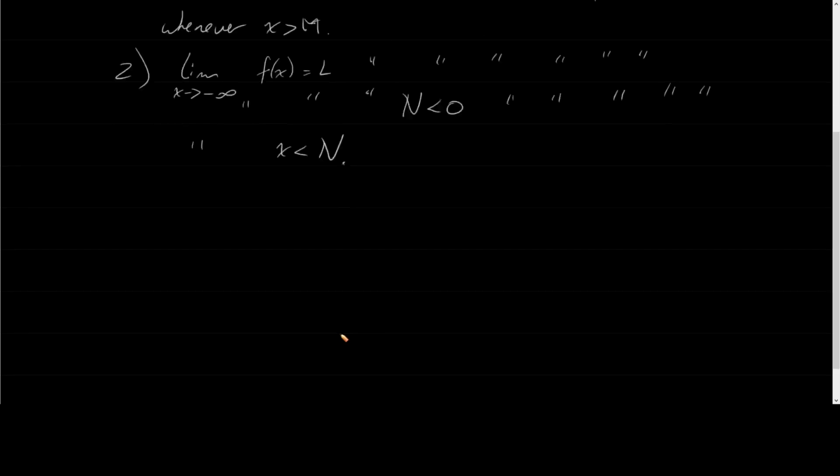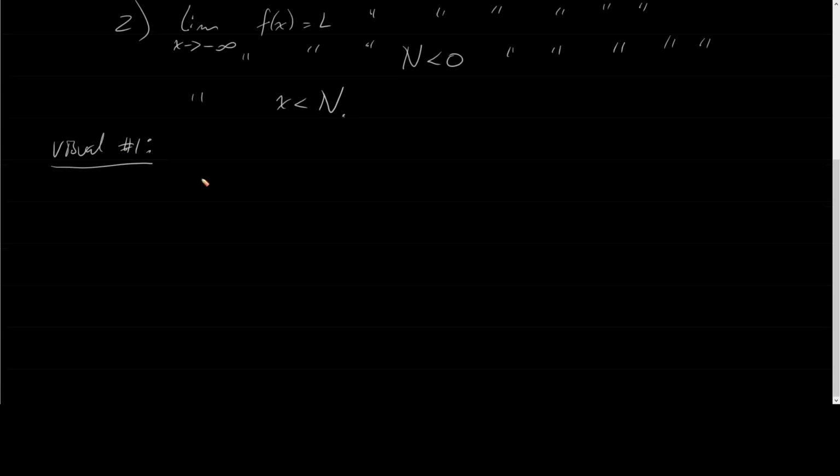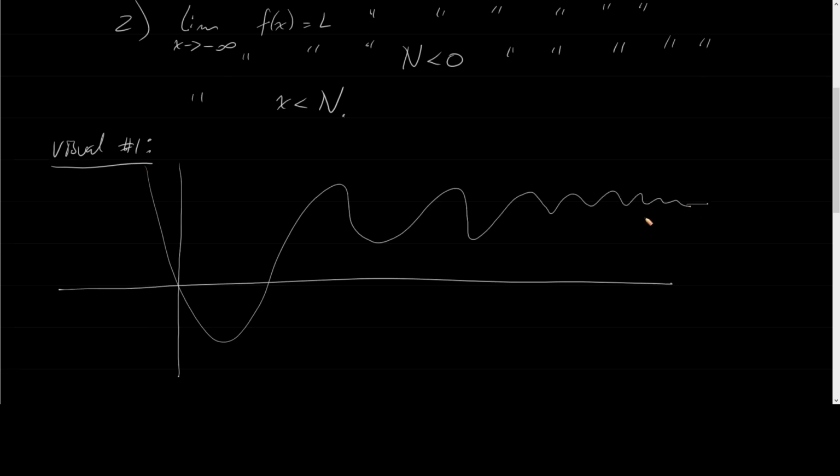All right, so here we go. The visual for number 1. Let's say that we have our x and y axis, and we had a function that looks something like this. Here's L, and I'll do it in blue.